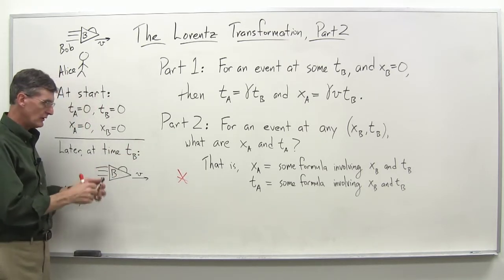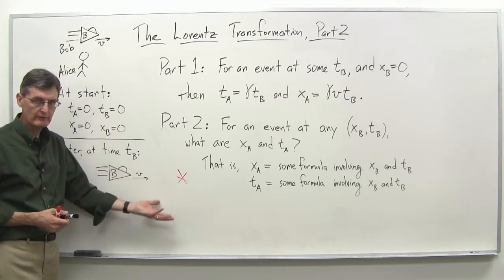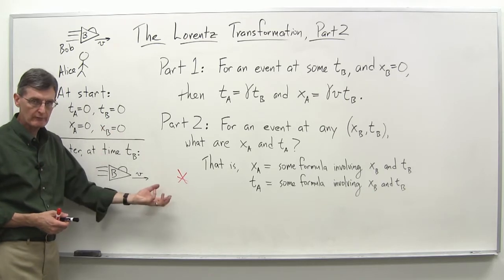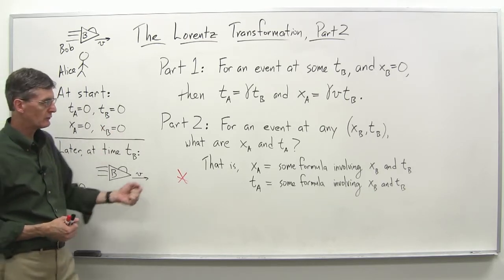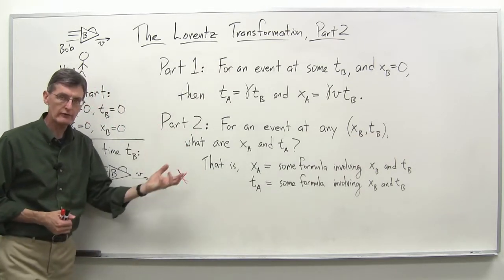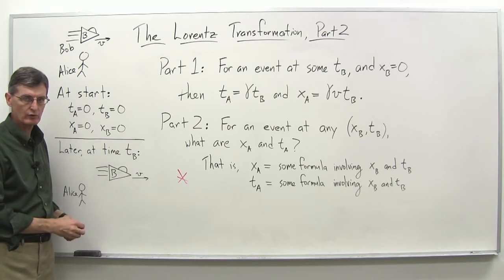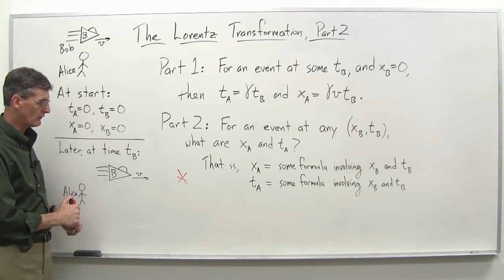And he says, hey, I saw a flash of light, an event, something occurred at x_B equals something or other, and time something or other by my lattice of clocks. In other words, some x_B, t_B. And we'd like to find out, for Alice, what would be the x location of that, and what would be the time showing on her lattice of clocks.